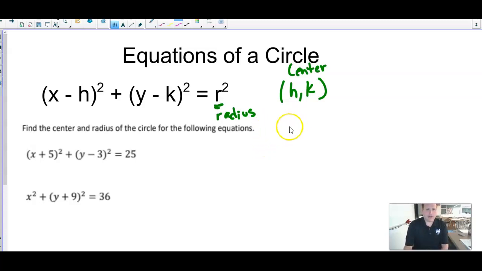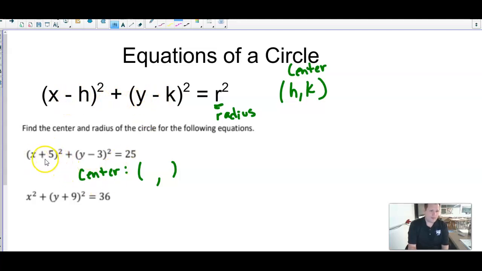So we want to be able to identify things from an equation and then be able to write an equation. That's our goal here: identify the center and the radius, and also write those as well. In these first few examples, I'm given an equation, and I want to find the center and the radius. As long as it's in standard form, my center should be very easy to find. Notice this is a minus and minus.